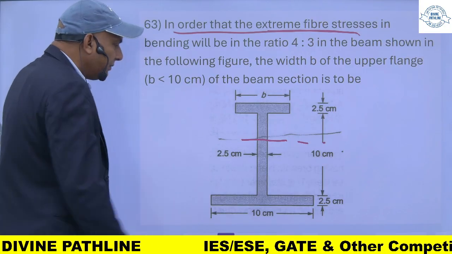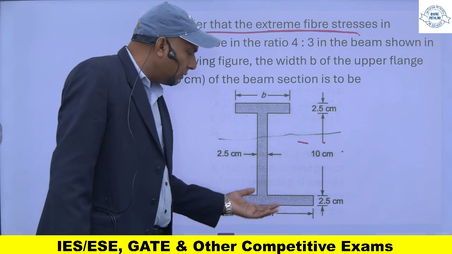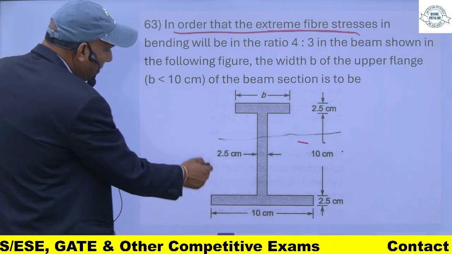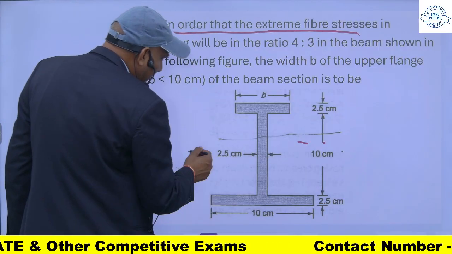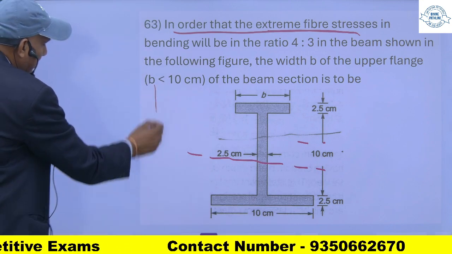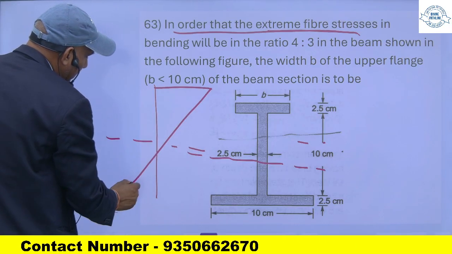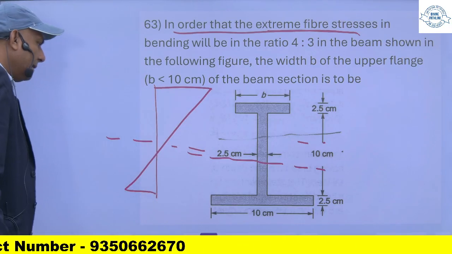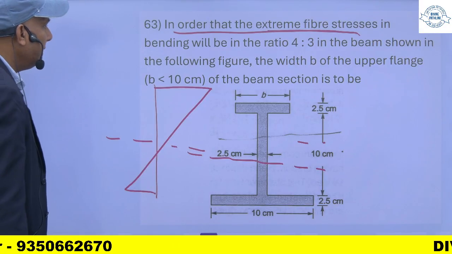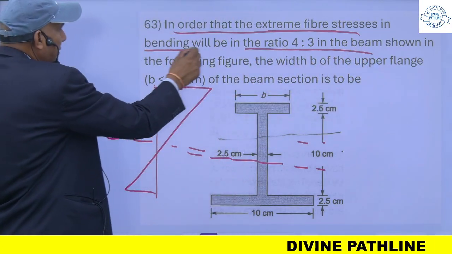In this case, if you see in the figure, the area is more on the bottom flange, so the neutral axis will be somewhere here, towards the bottom flange. So it will be like this. The extreme fiber bending stresses are in the ratio of 4:3.